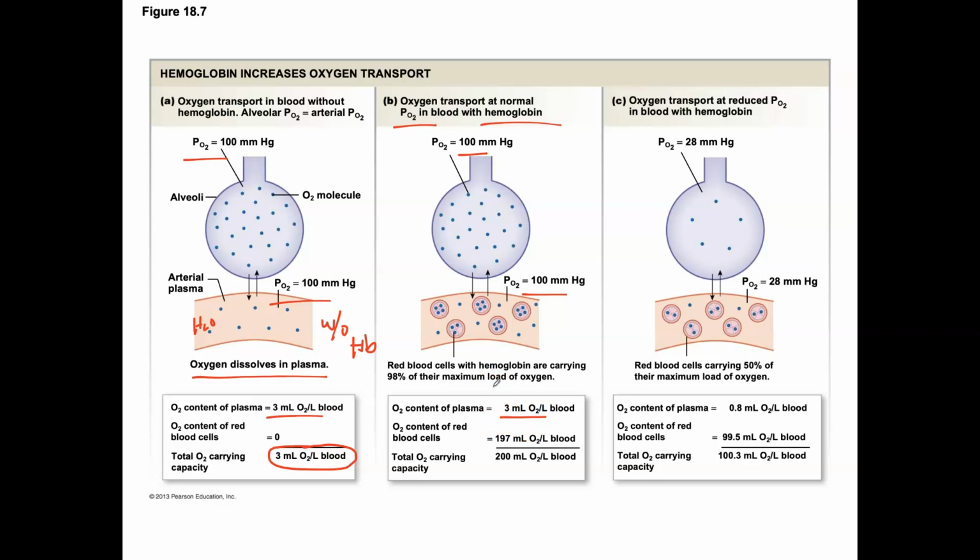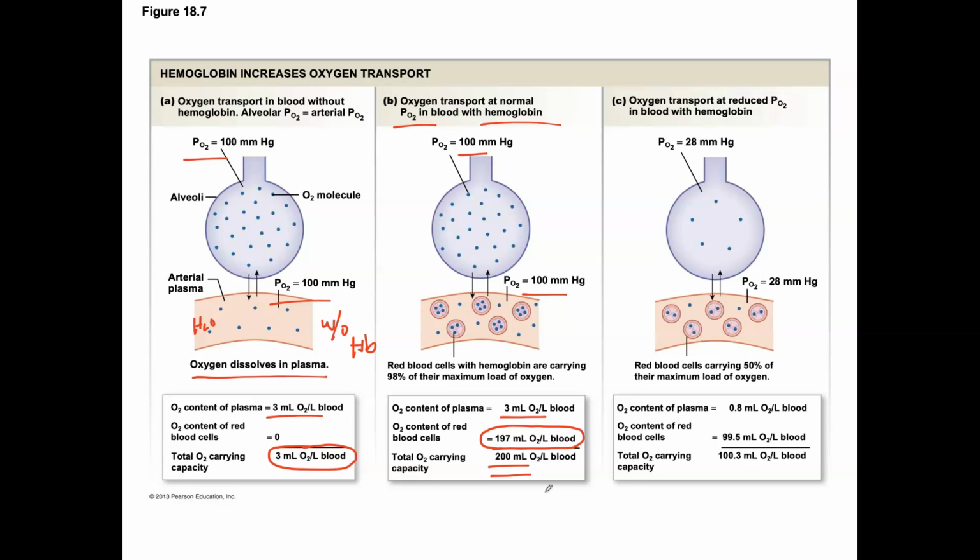But now, because there's hemoglobin in red blood cells, we're able to bind oxygen with the hemoglobin. And you can see we get a huge amount of oxygen being transported in the cardiovascular system. We're going to add another 197 milliliters of oxygen per liter of blood. So that gives us a grand total of 200 milliliters of oxygen per liter of blood.